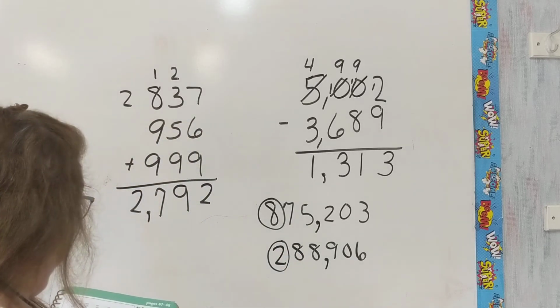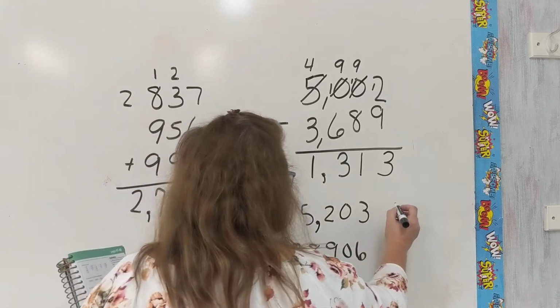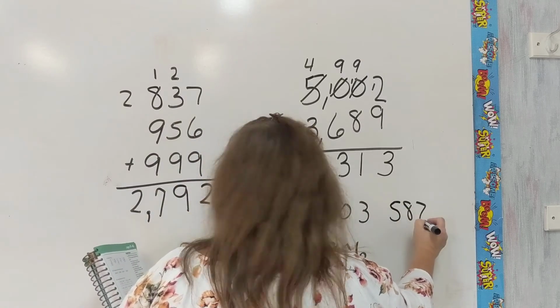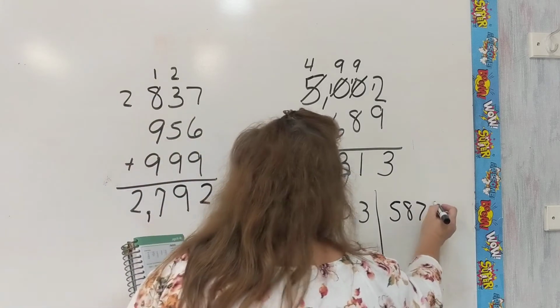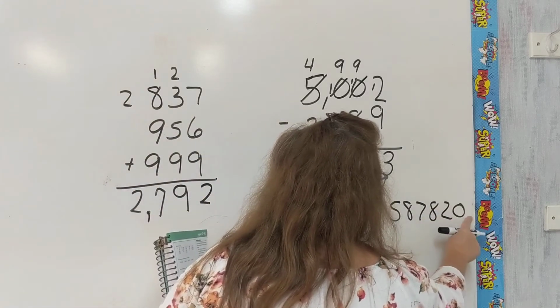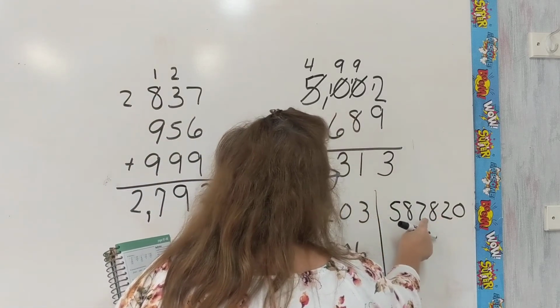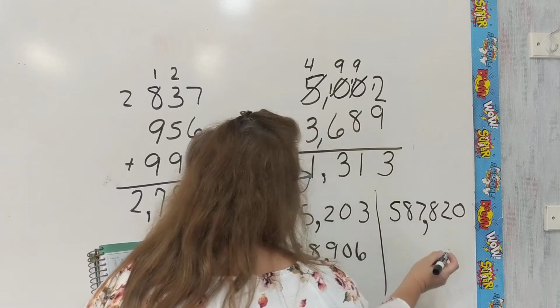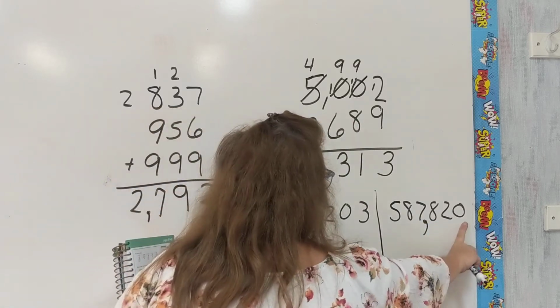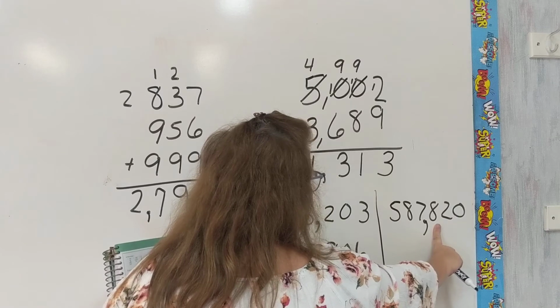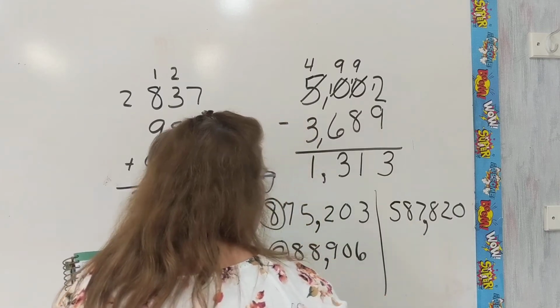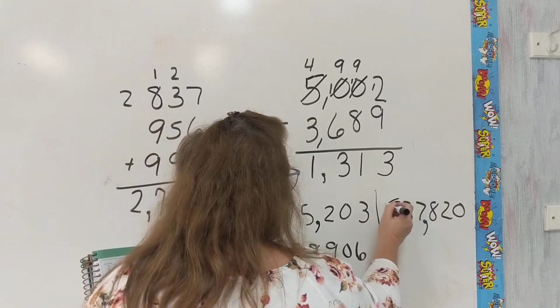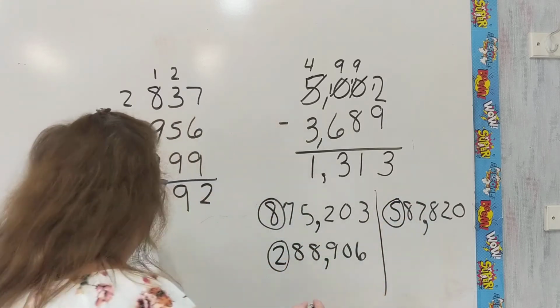And letter D, we have 587,820. 1, 2, 3 for our comma. And say our place value. Say it out loud with me. 1s, 10s, hundreds, 1,000, 10,000, 100,000. And we're circling our digit in the hundred thousands place.